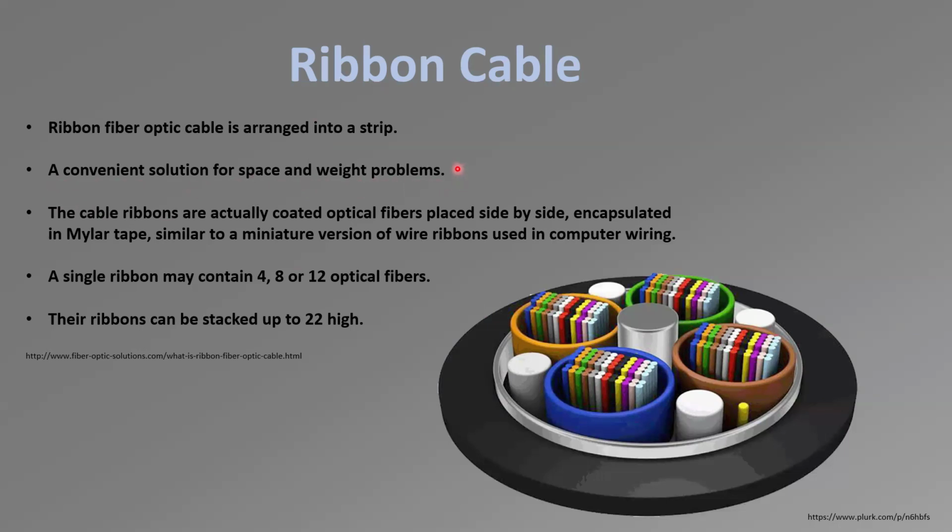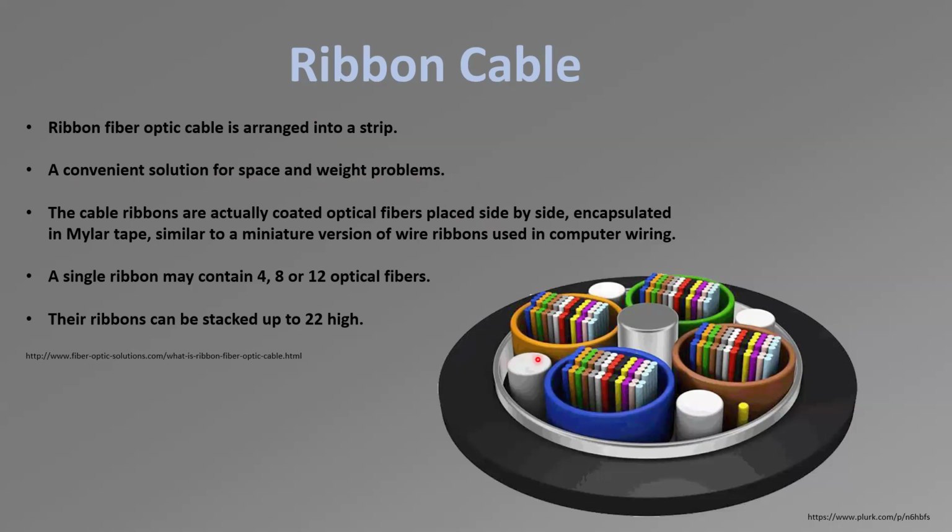Right. If I'm trying to lose weight, I need to eat more fiber. Not that kind of fiber, not that kind of weight. Here's the idea. You can pack more fibers when you arrange the strands this way, which means more fibers per cable.